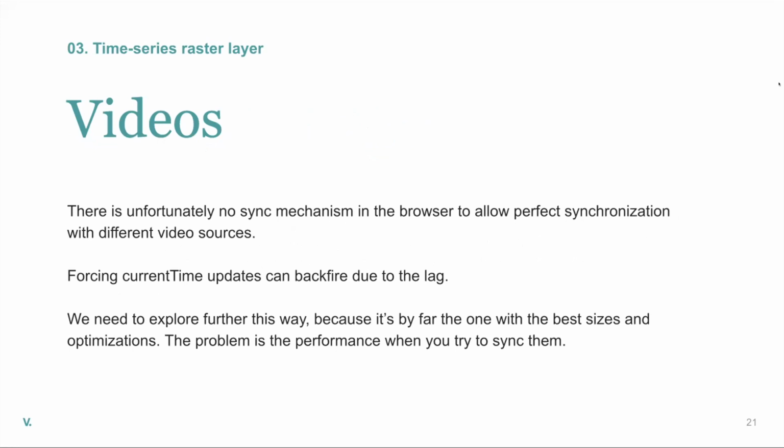But at the end, we ended up having really bad performance issues. So we discarded it, not entirely, because if we compare all the file sizes, videos are the best if you want to compress the images. So maybe we will explore this more in the future, but right now it's discarded.